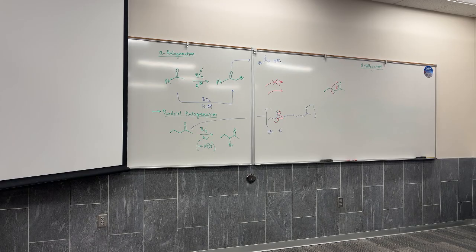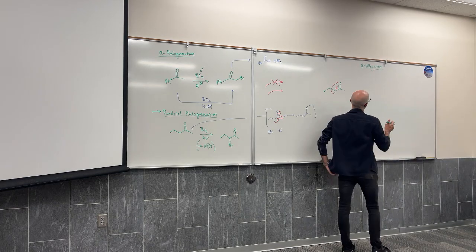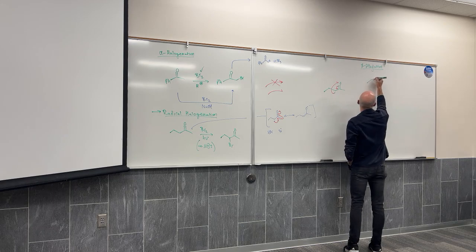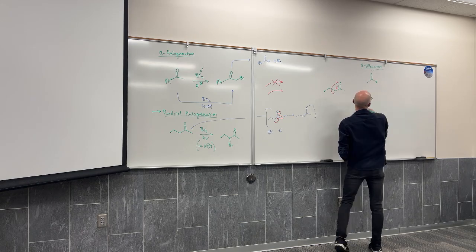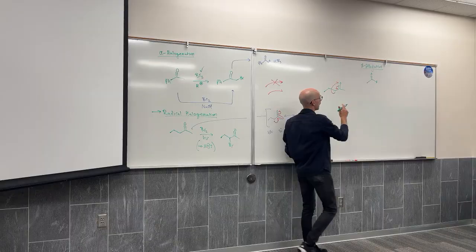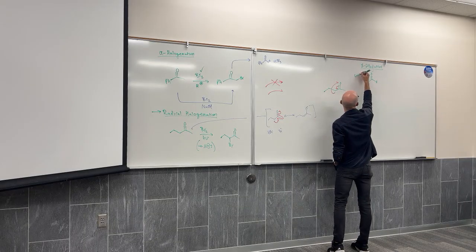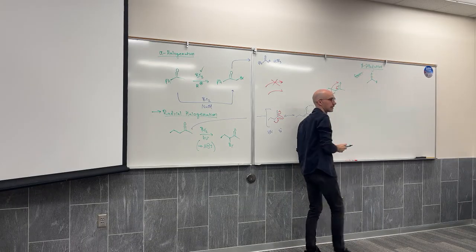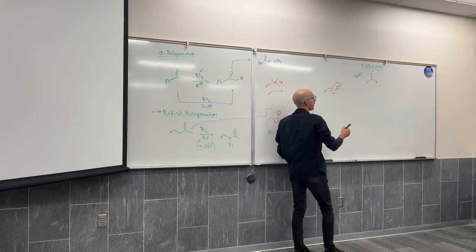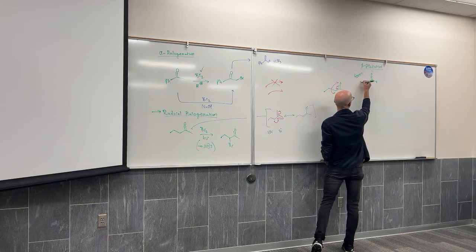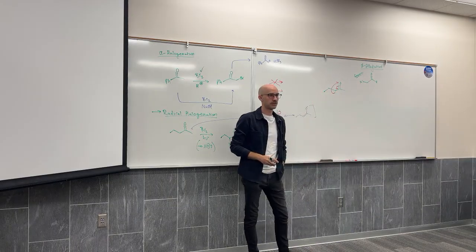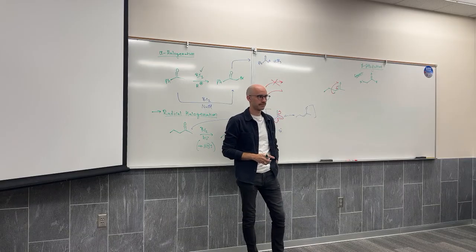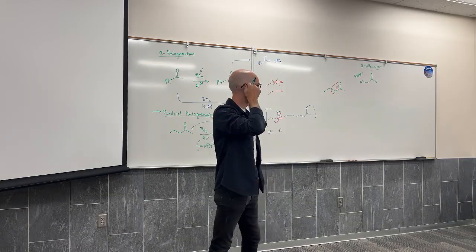We need to make that alpha carbon into a nucleophile, a good nucleophile. So I just want to give this generically. If we have this carbonyl, and let's say that it has just 2 alpha hydrogen positions. Instead of a methyl, we'll make it into a CH2 group.